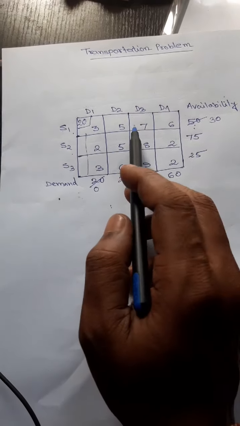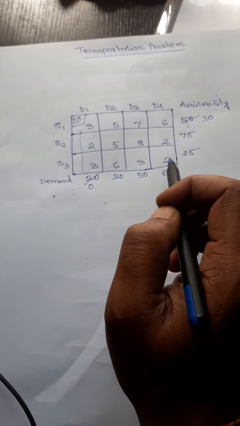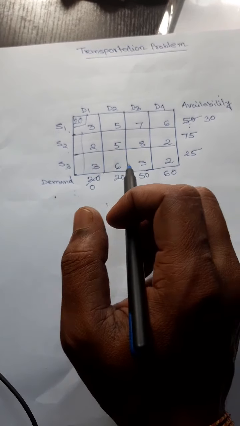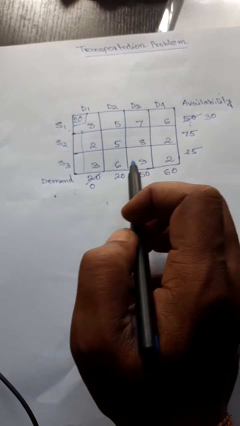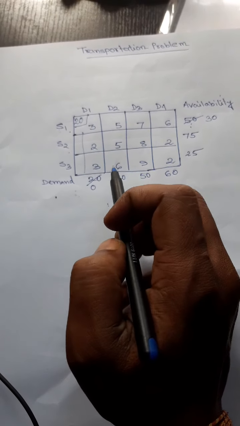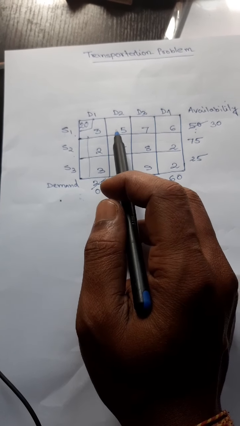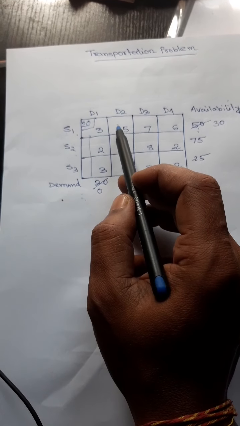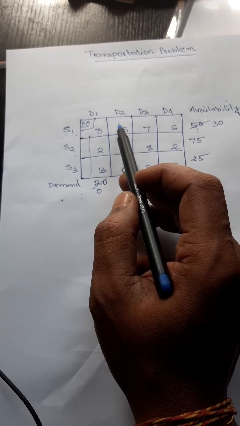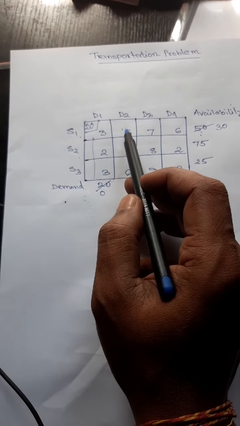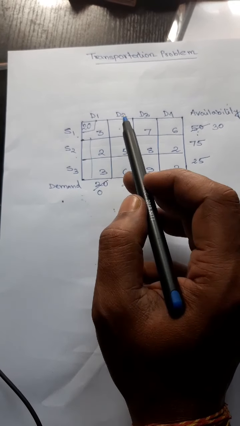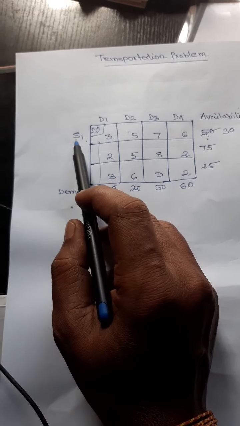Now again you have to check all the remaining unallocated cells and find the northwest corner cell. Right now this is the northwest corner cell, in destination point 2. We need to allocate something in destination point 2 from supply point 1.